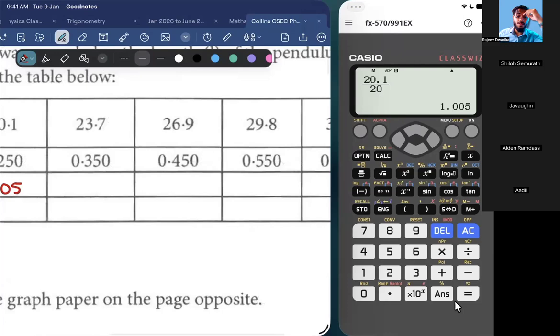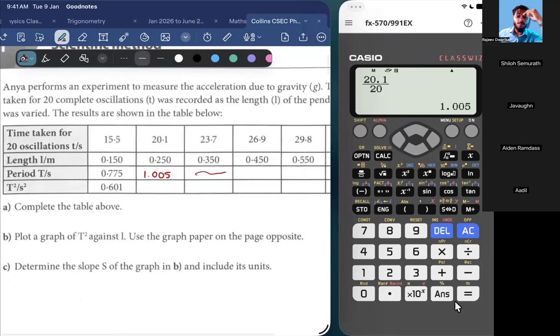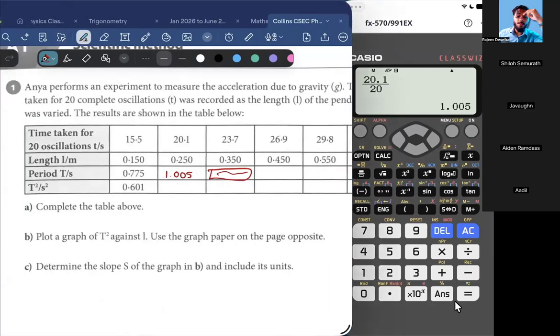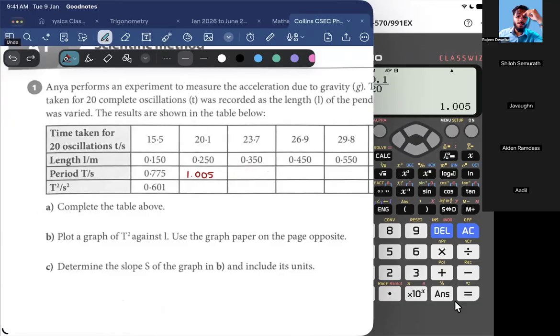Adil, how am I going to figure out the period for this here?